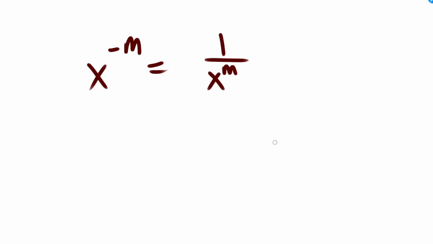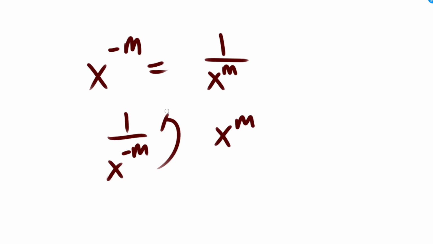If you have something like x to the negative m, that's the exact same as saying 1 over x to the m. If you have something like 1 over x to the negative m, that's exactly the same as saying x to the positive m. You just switch it up or down depending on where you need to go.